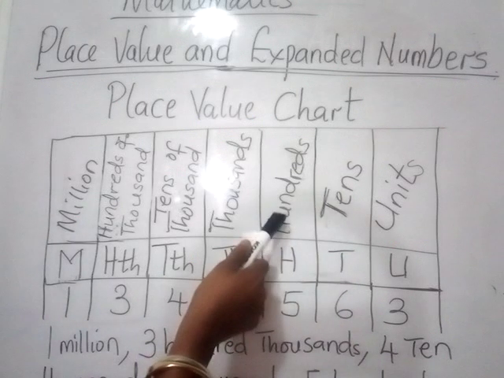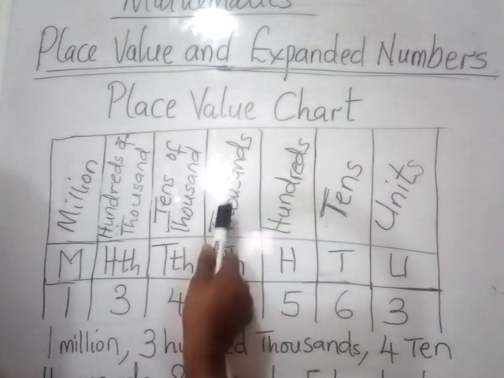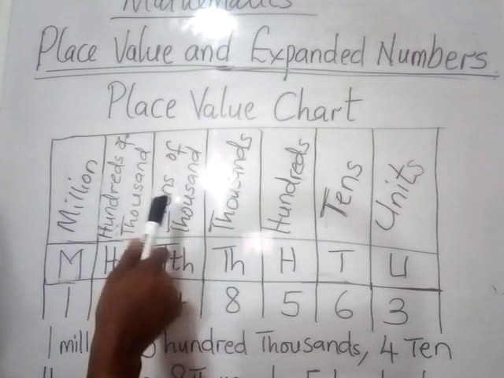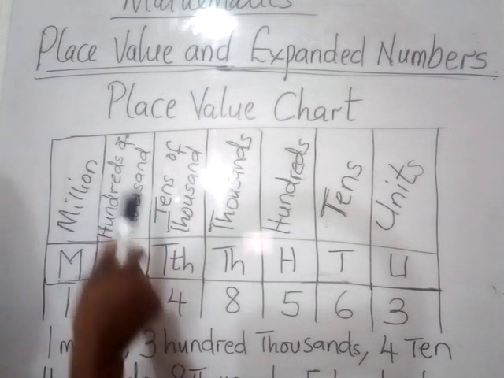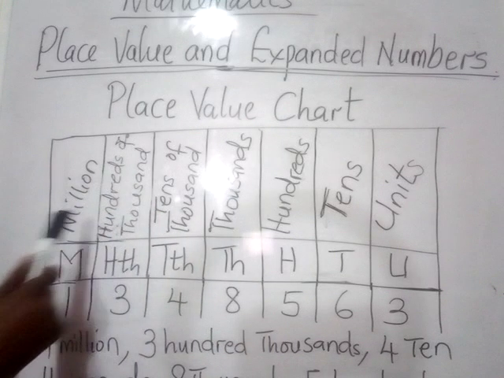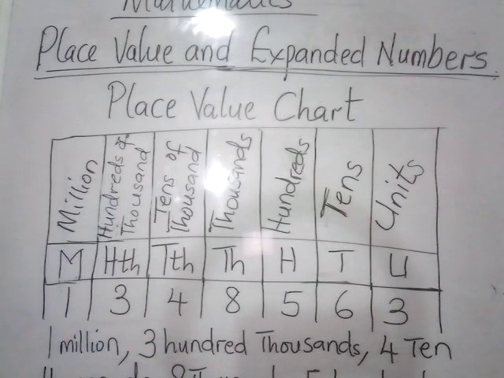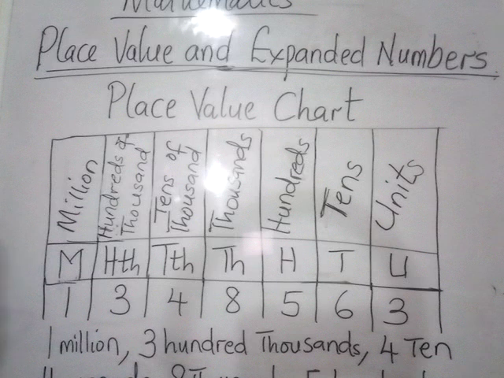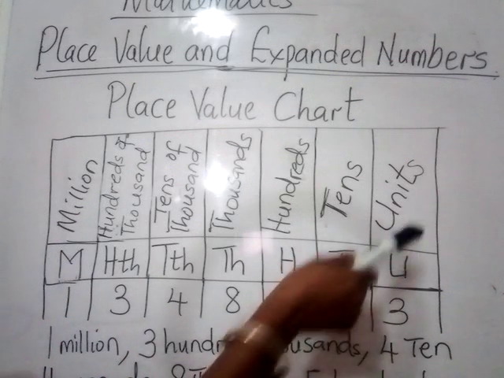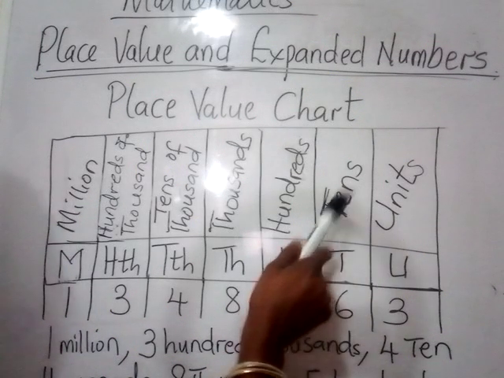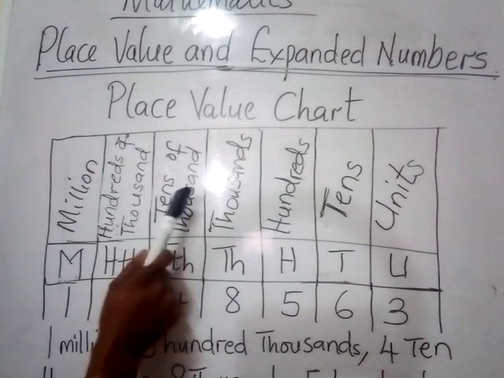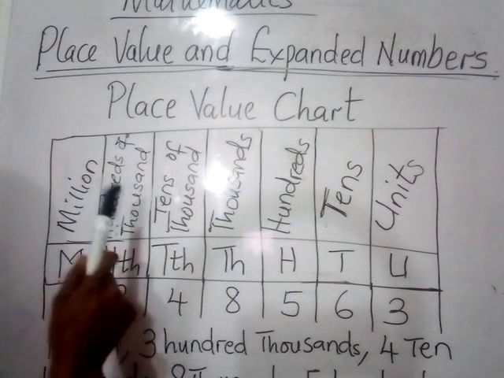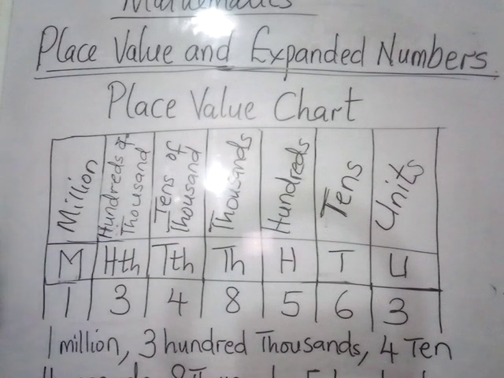And the next one is hundreds, followed by thousands, tens of thousands, hundreds of thousands, and then we have million. We're going to stop at million in our lesson for this grade level. So you have units, tens, hundreds, thousands, tens of thousands, hundreds of thousands, and million.